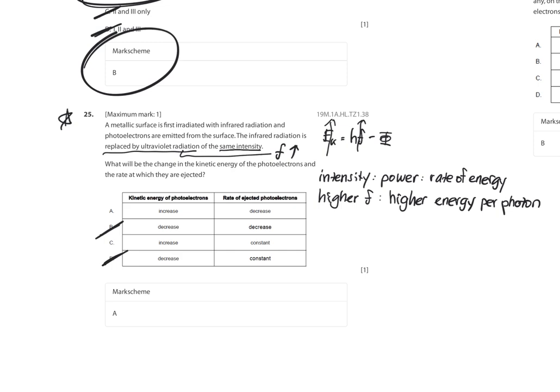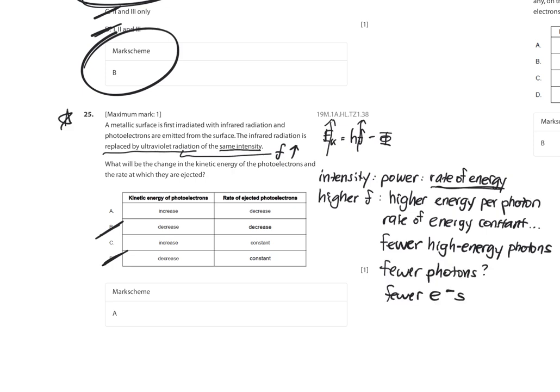But if the rate of energy is constant, that means there are going to be fewer high energy photons per second, because each photon has more energy, and if the energy delivery is constant, there are going to be fewer photons. Fewer photons means you're also going to have fewer electrons. So the kinetic energy of the photoelectrons increases, but the rate of ejected photoelectrons decreases. So that is A. Tricky, tricky.